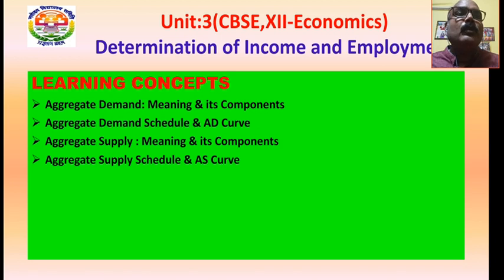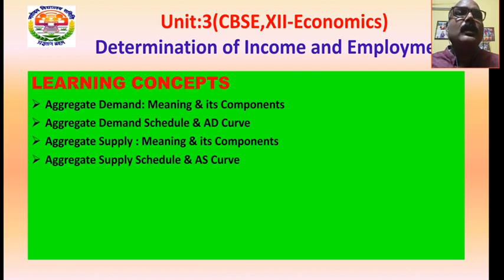So today we are going to read a very important chapter of class 12 economics, that is in unit 3, determination of income and employment. It is a chapter carrying 12 marks in CBSE examination.